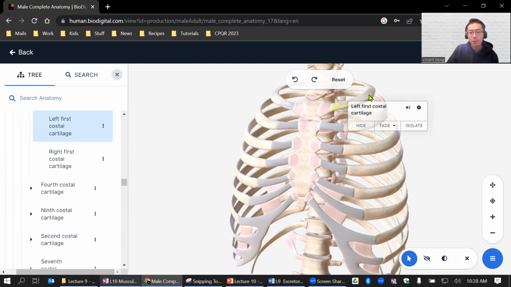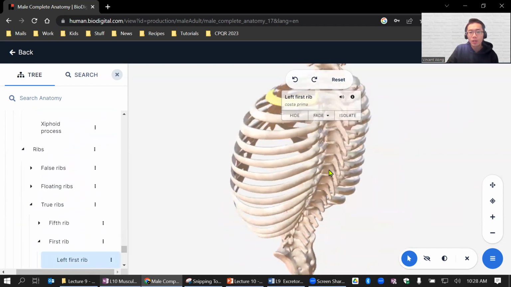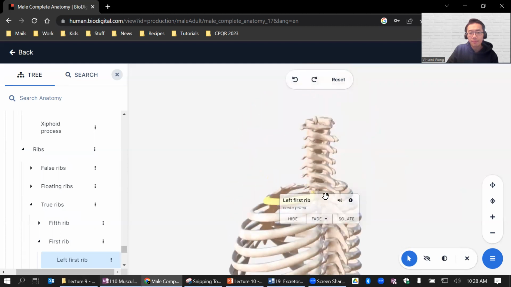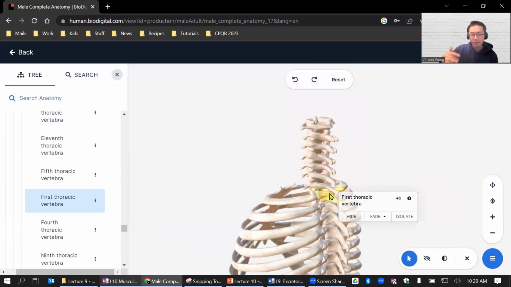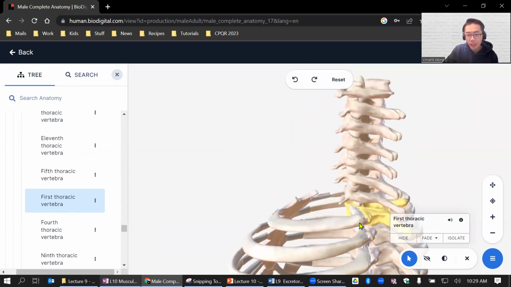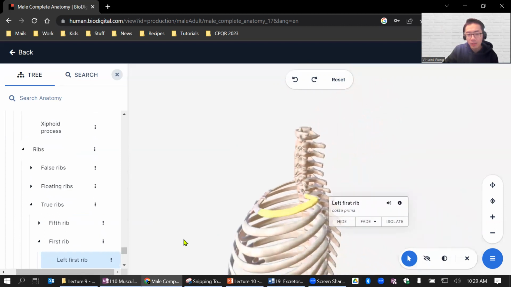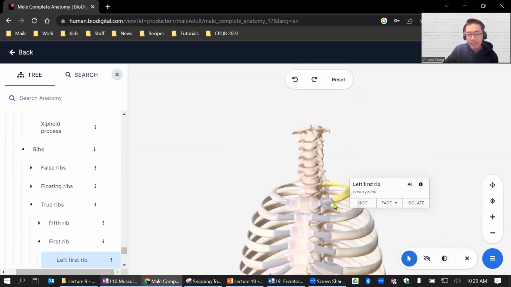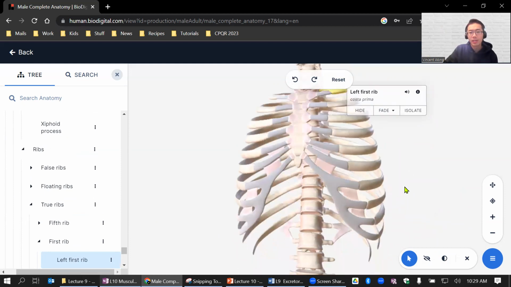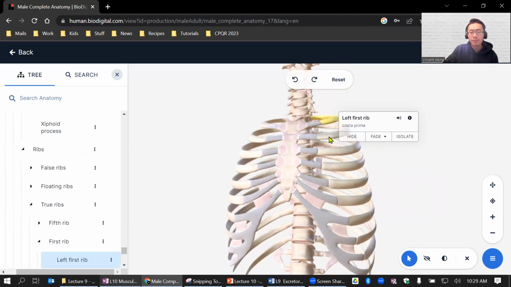So rib number 1 originates from T1 at the back. Remember, we have T1 to T12, 12 thoracic vertebrae, and that's where the ribs originate. It comes out from T1, goes all the way to the front, and has its own cartilage connecting to the sternum. So that's the first true rib.